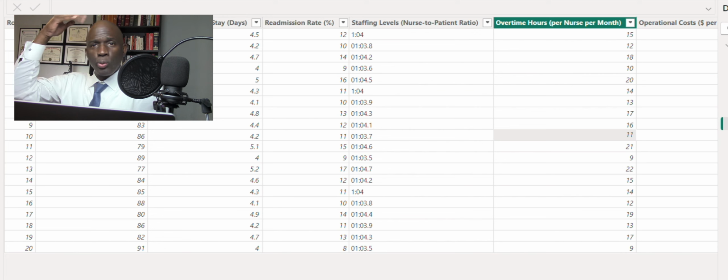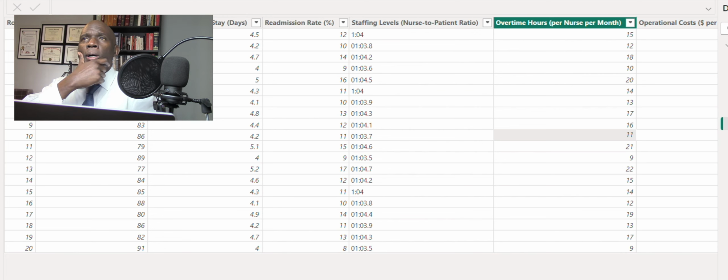But I do have to wrap my head around the types of data, the data points, the data sets that you would be using as a hospital administrator or a hospital professional. Therefore, the data that I'm providing to you is data that we're able to analyze to make the hospital run more effectively and efficiently.